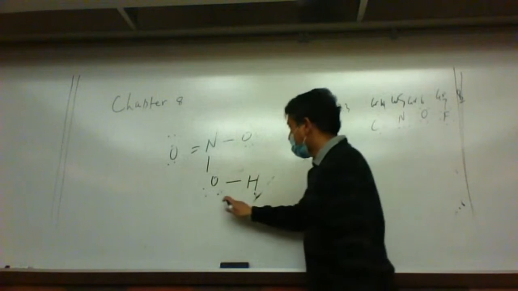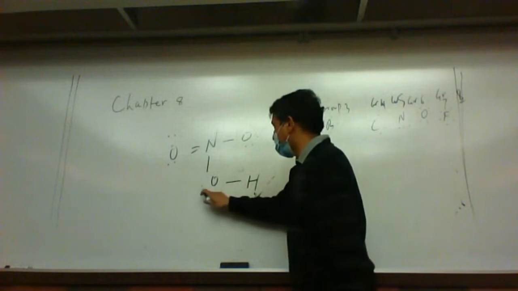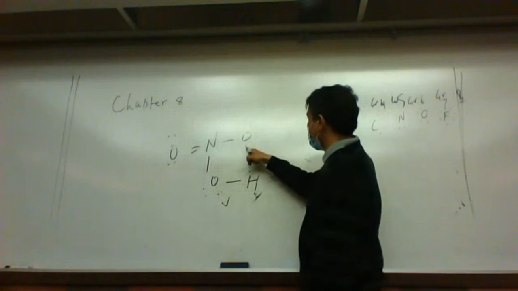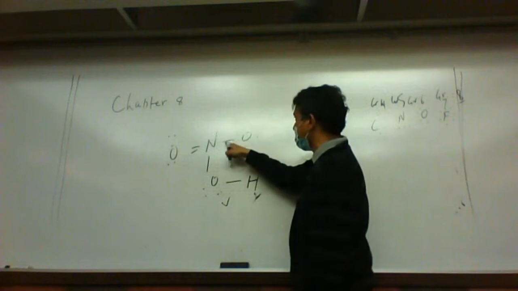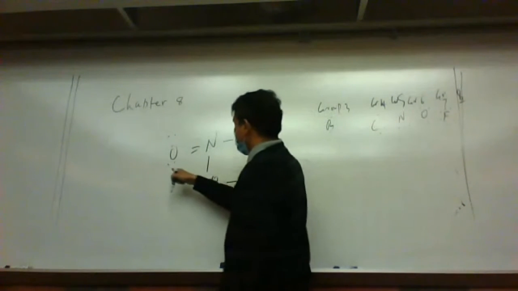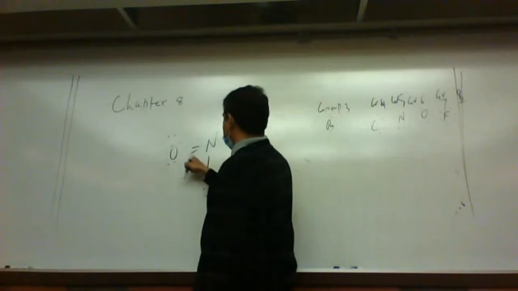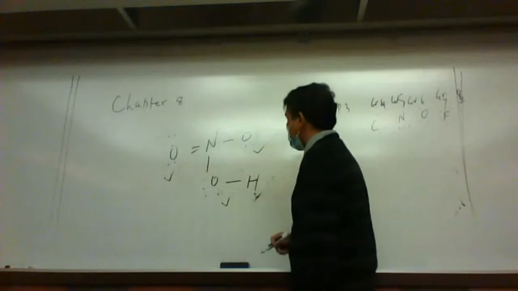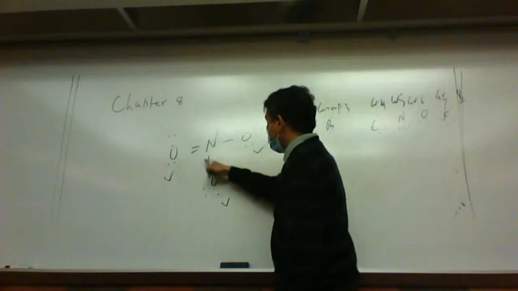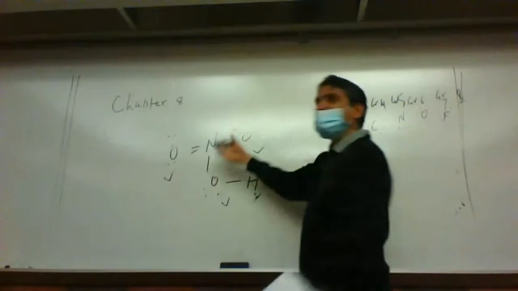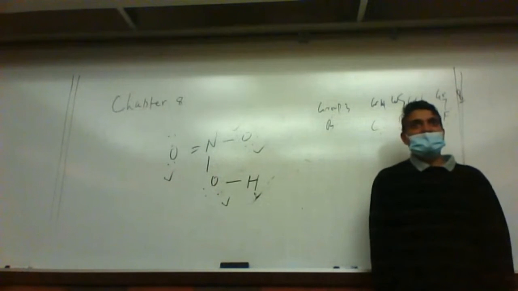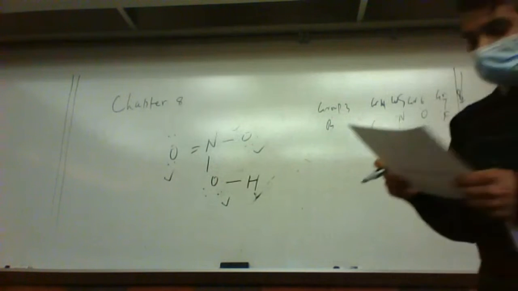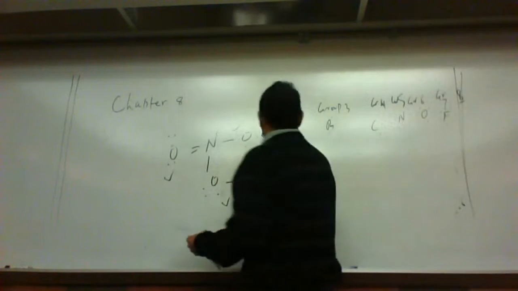Hydrogen is good. Let's look at this oxygen. 1, 2, 3, 4, 5, 6, 7, 8. Oxygen is good. Now the electrons around this other oxygen. 1, 2, 3, 4, 5, 6, 7, 8. This is good. Now let's look at the nitrogen. 1, 2, 3, 4, 5, 6, 7, 8. Nitrogen is also good. So this is good. Make sense? Easy, right? Now, how about the last one?